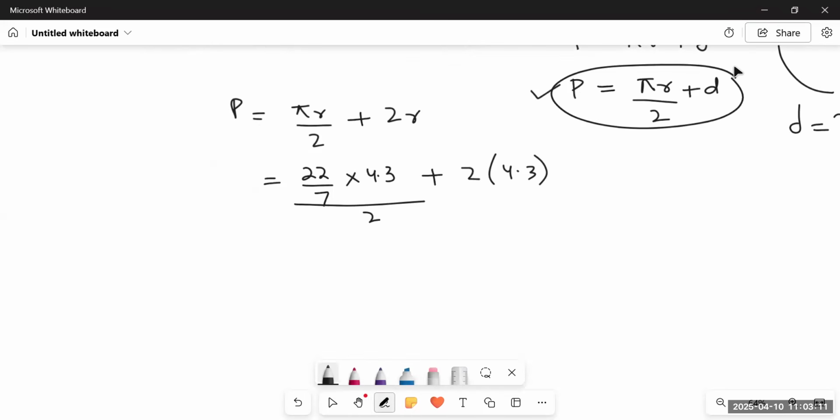So how can we solve it? We will do simple 22 upon 7, that is 3.14. Then we will multiply it with 4.3, and then we will divide it by 2. So when we multiply 3.14 with 4.3, we will get 13.5. And when we divide it by 2, the answer would be 6.75.